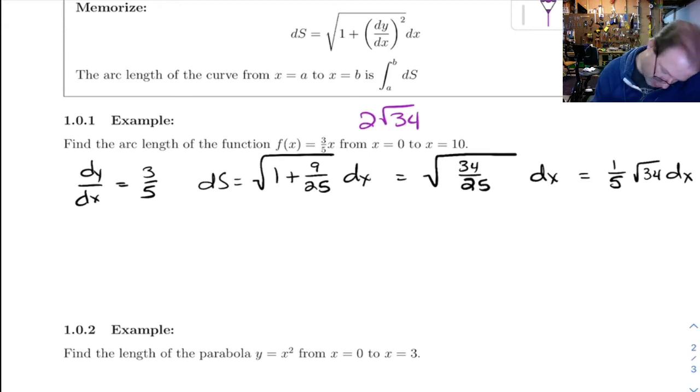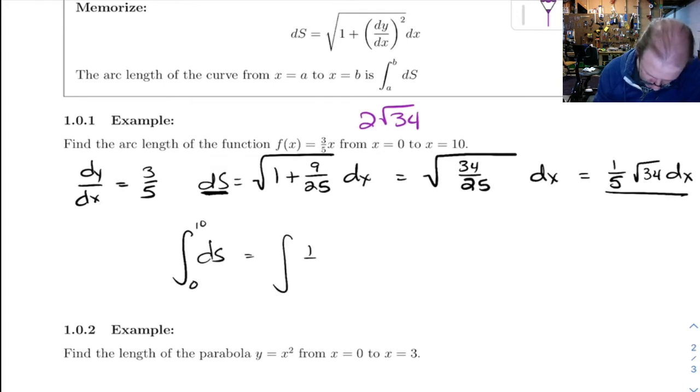So now notice ds is equal to that. So if we integrate ds from 0 to 10, we're integrating 1/5 root 34 dx from 0 to 10.